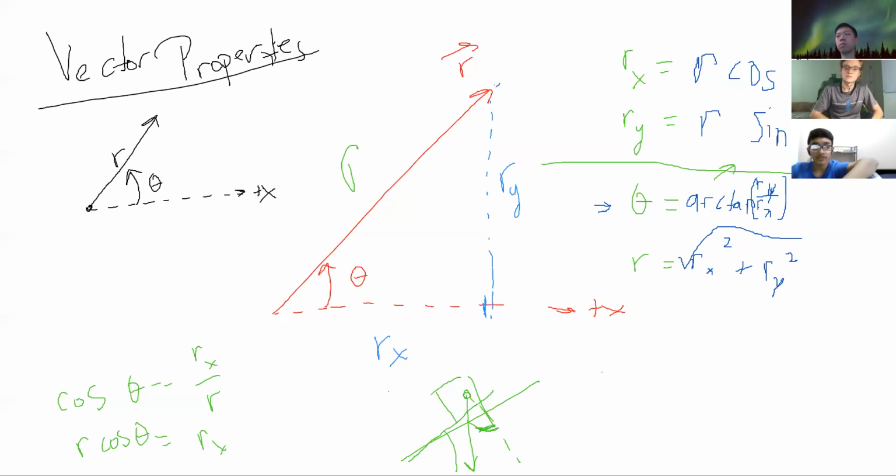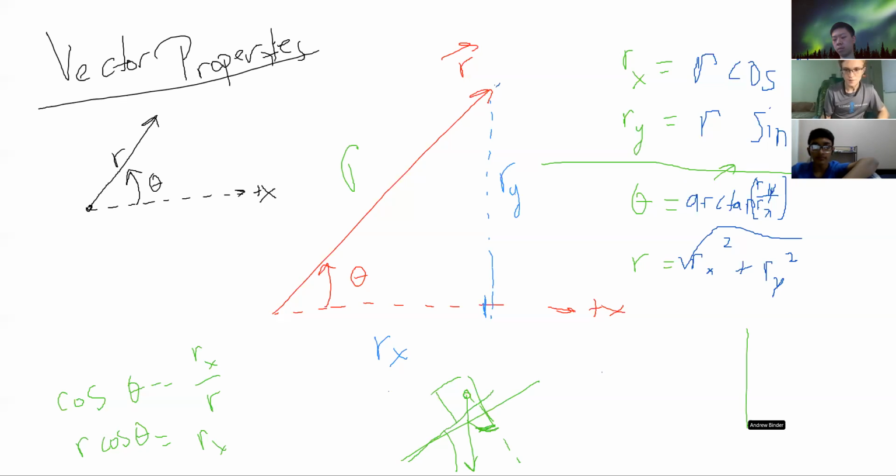So the angle could either be this or 180 degrees plus this, and you have to determine it based on the vector. So this isn't the whole truth. Well, almost. So let's look at the different quadrants.